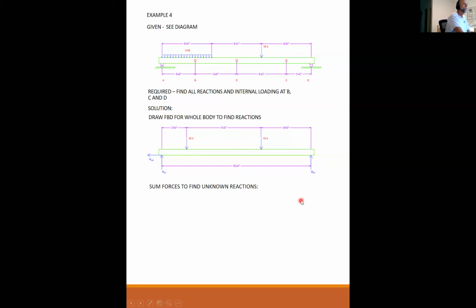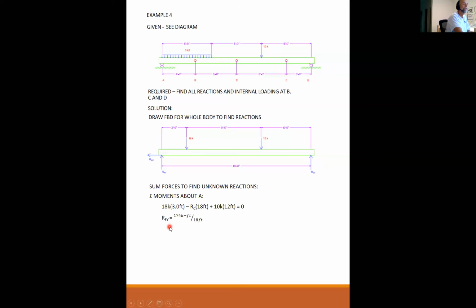Then we sum our forces to find our unknown reactions. Sum moments about A, I have 18 kips times 3 feet, I have my unknown reaction at E times 18 feet, and I have my 10 kips times 12 feet. All of that equals 0.